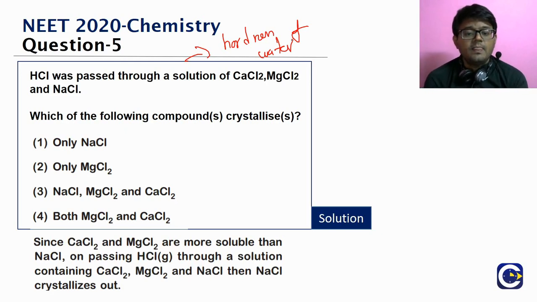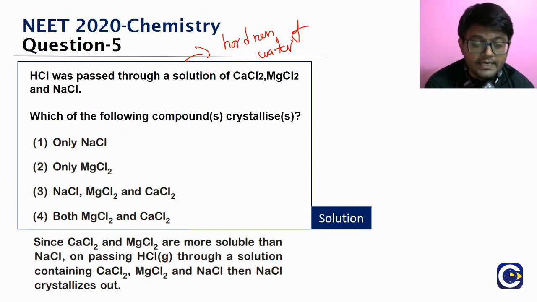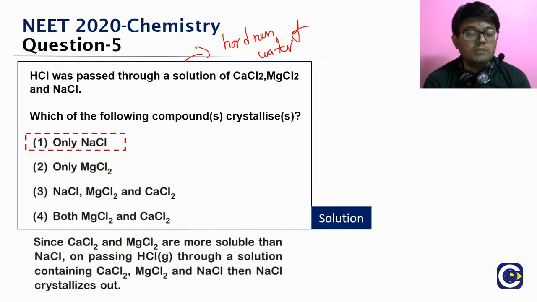We will observe only the NaCl getting crystallized, whereas the MgCl2 and CaCl2 would not crystallize easily because they are highly soluble in water. That is one of the reasons for the permanent hardness of water also. The soluble chlorides and sulfates of calcium ions and magnesium ions are the reason for the hardness of water. That comes in the hydrogen chapter.